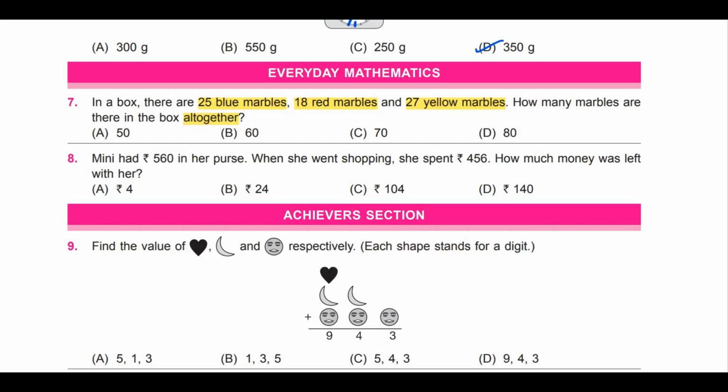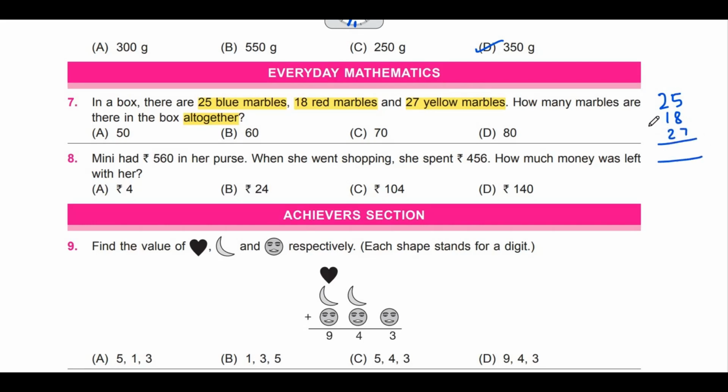So now we have to add up all these three numbers. You can add two at a time and then add the third one, or if you are fine to add all the three together, you can add, which is 25 plus 18 plus 27.